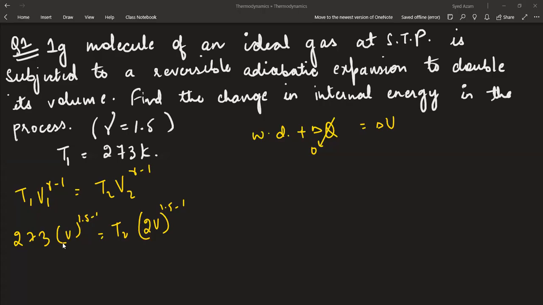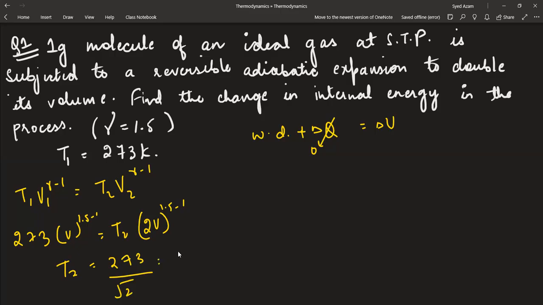Now this is 2V. If we are calculating T2, this V and this V will be gone, and 0.5 is half. 2 to the power half means root 2. So T2 will be 273 by 2 to the power half, or root 2.